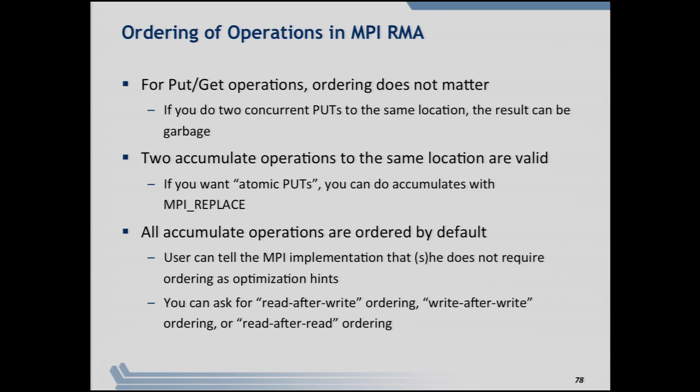Well, this is important for performance because if you look at modern networks, even if you do multiple puts from the same process to the same target process, the data may follow different paths through the network. And if I don't care which one arrives first, then that's pretty easy. I just allow them to arrive.